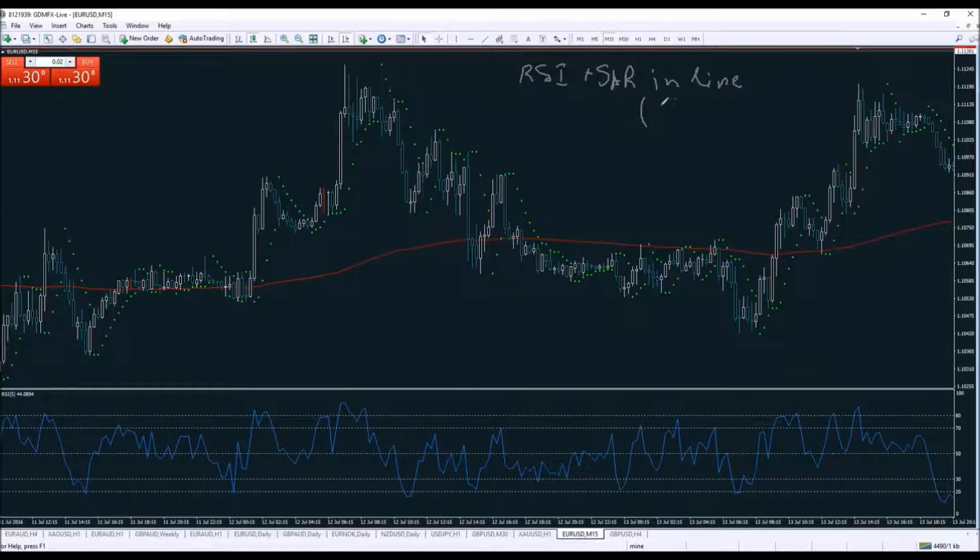Exceptions of this rule: 50 level crossed by the price, plus the parabolic support and resistance in direction of the price. This is the exception of the rule.